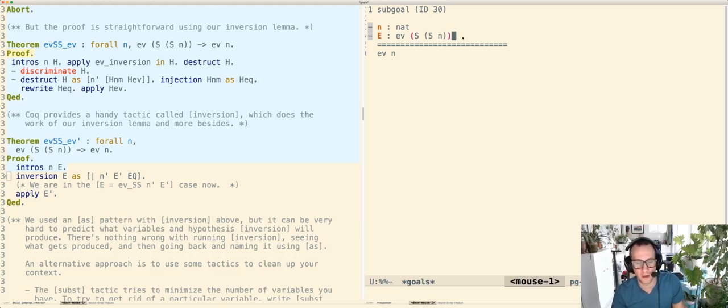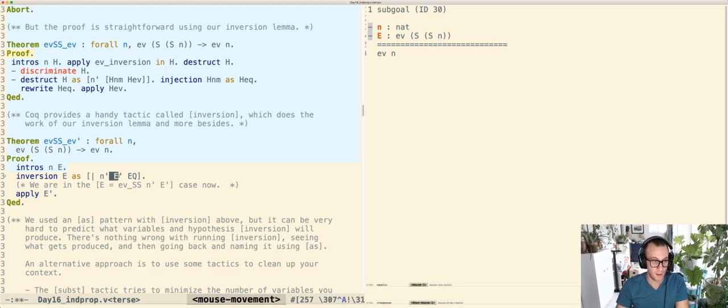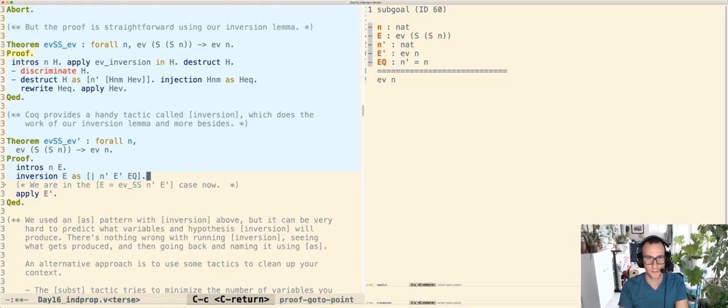There's only one way we could have found this. It's by EVSS. And that entails that, okay, there's some n prime, S of S of n prime is equal to S of S of n, and we know n prime is even. So here's the n prime, here's the evenness, here's the equation. So this is everything that we saw earlier in a single go.